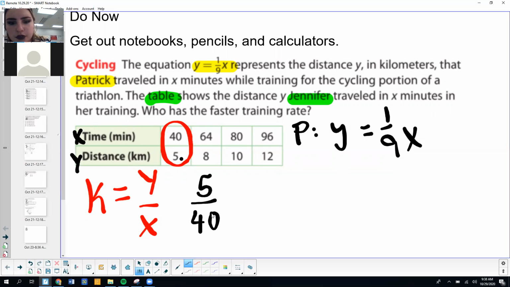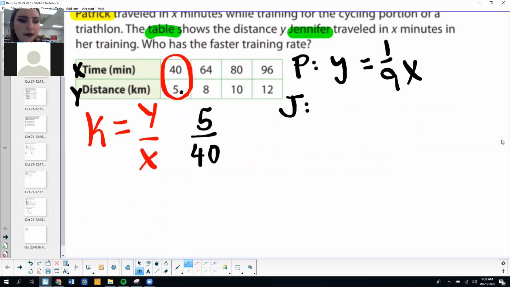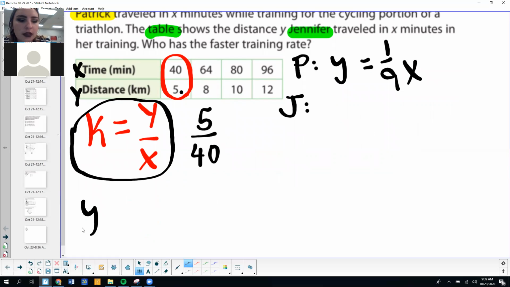So for Jennifer, her constant of proportionality, so again, I have not a lot of space. I'm trying to relate all of these ideas to one another. If you guys remember, we can rewrite the constant of proportionality formula like y equals kx, which is the format that Patrick's is written in. So we're going to write Jennifer's equation using the same setup. We found Jennifer's constant of proportionality, which was 5 divided by 40, which gave us 0.125.